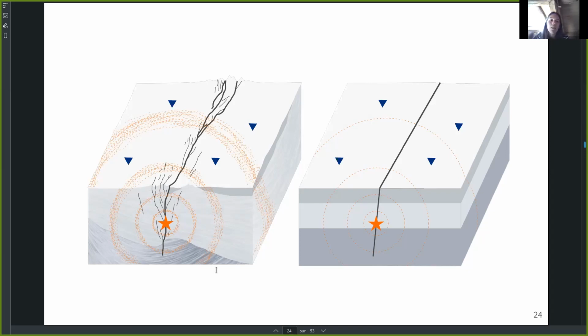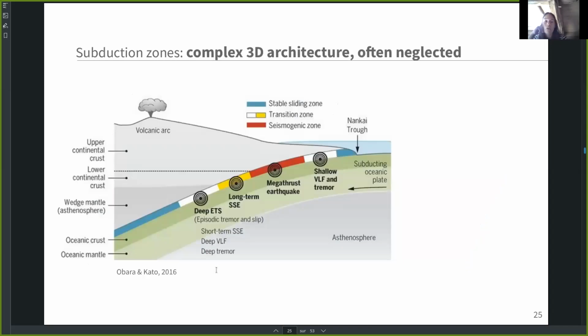This place I'm thinking of is subduction zones. We all know that they are characterized by a very, very complex 3D architecture. There is large topography, the faults aren't planar, and the crust is very heterogeneous in three dimensions. What is very interesting is that this complexity is very often neglected.